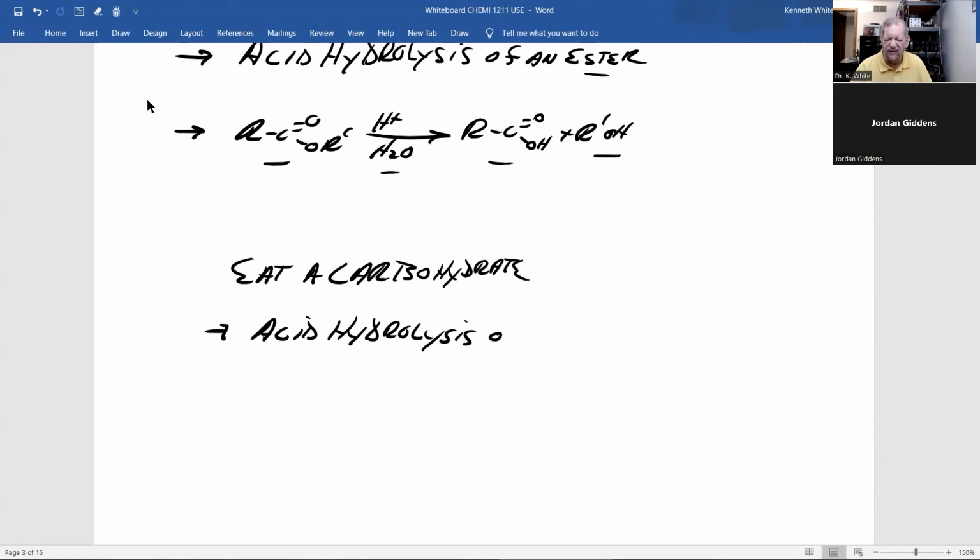Now, what's the key functional group that holds glucose together in a starch, carbohydrate? And that is an acetal. Key functional group in carbohydrates, acetal linkage.